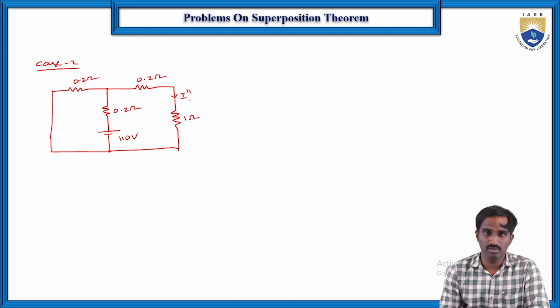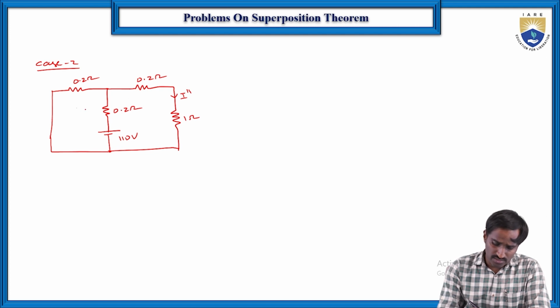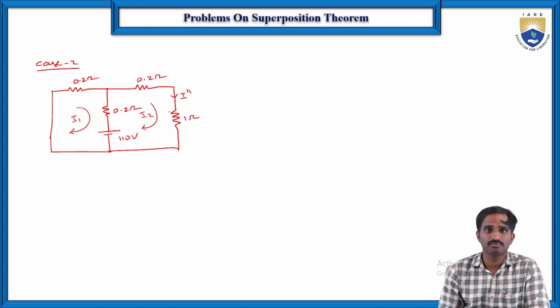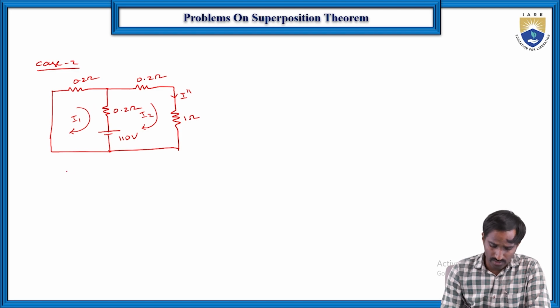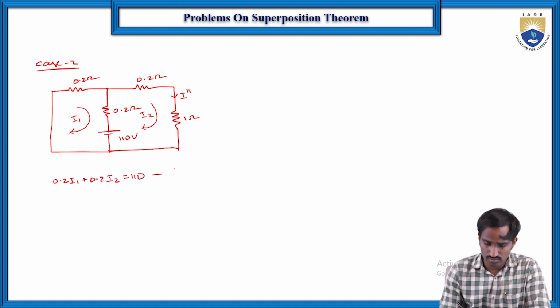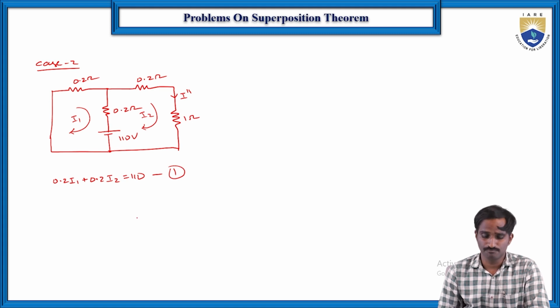So I double dash. Again let us consider here it is loop 1, so I1, and here loop 2, so I2, right? And again apply the loop equations. So 0.2 into I1 plus 0.2 into I2 is equal to 110. Let us consider this is equation number 1.